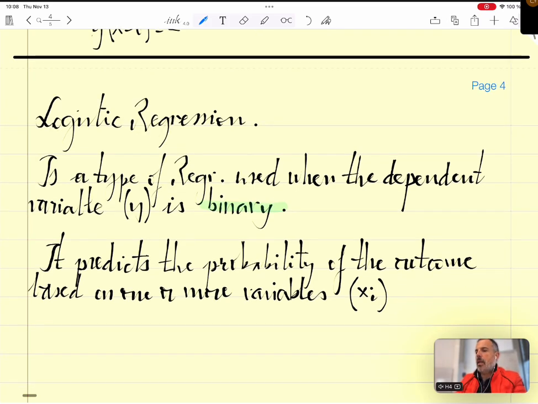So here we use a threshold for instance.